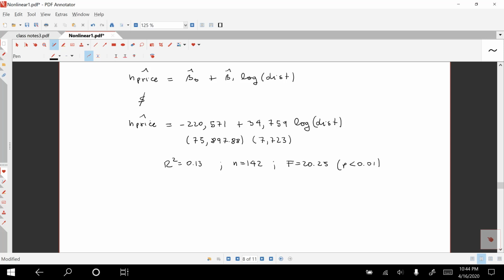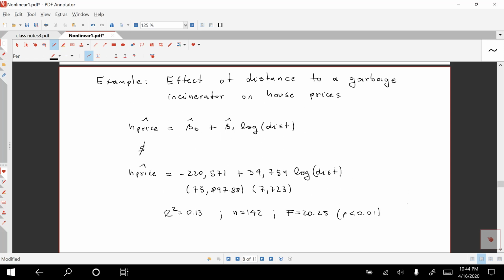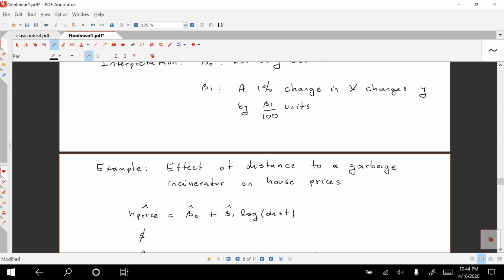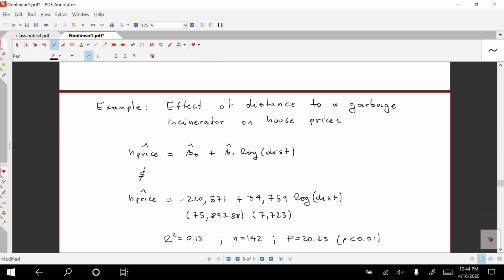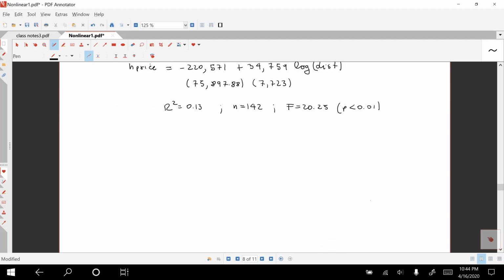Again, in terms of interpretation, since we have the log of distance, we're looking at a 1% change in x and we see how that changes y, and the way that we're going to be measuring the change in y is beta 1 divided by 100 units of y.